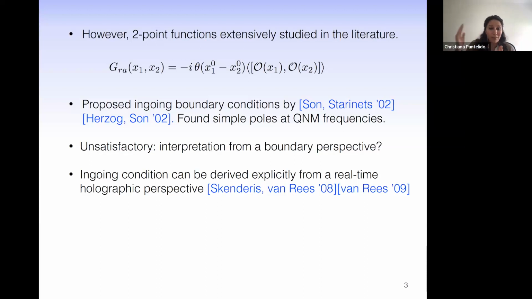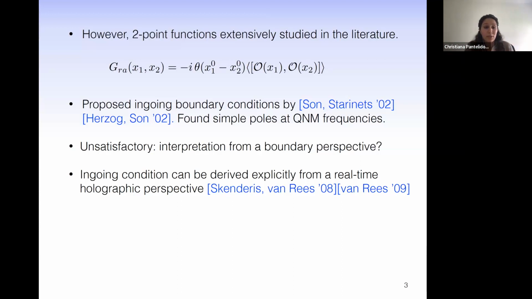We are imposing boundary conditions in the UV of our bulk geometry, and for those we have a clear interpretation from the perspective of the quantum field theory. But on the other hand, we are also imposing something at the black hole horizon, and we do not have a good interpretation of those boundary conditions from the perspective of the quantum field theory.